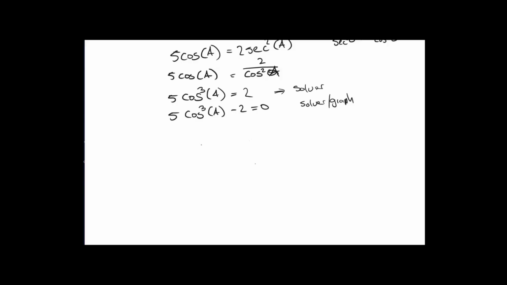I had to pause the video because the calculator completely died on me when I tried to put this in. On some of the older calculators you've got to put it in as 5 times cosine of A times cosine of A times cosine of A minus 2 equals 0. Or if graphing, find the root, which I'll show you on this calculator now.